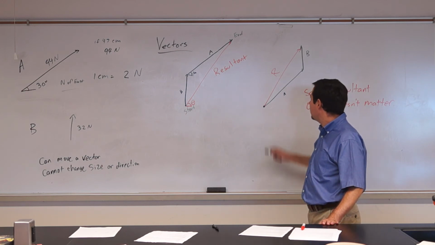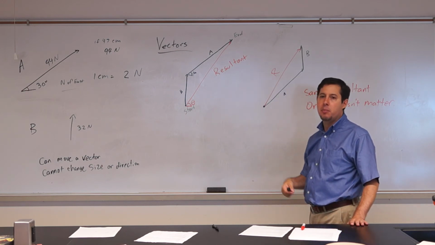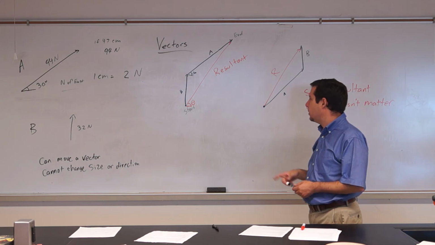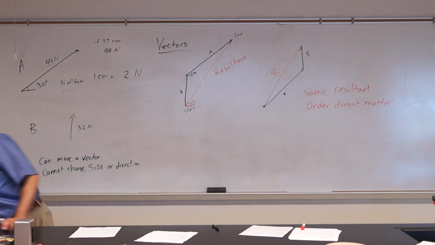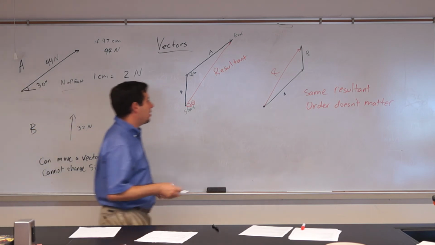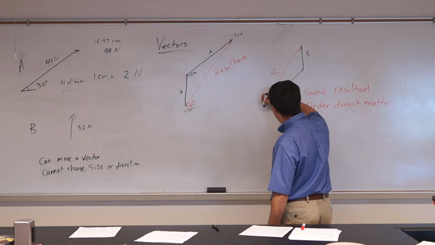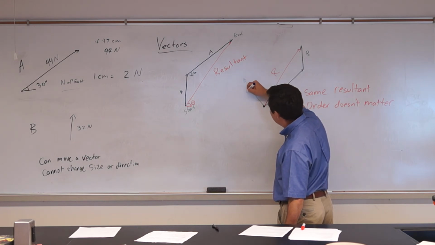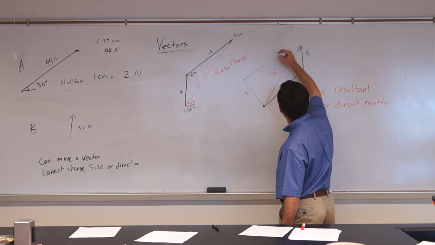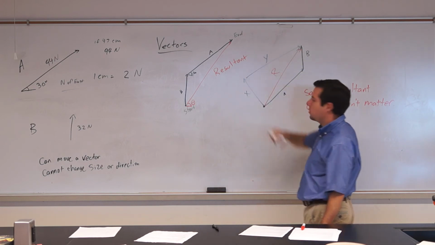Now it actually turns out the resultant can be made with a bunch of other vectors. There's other vectors that would give you the same resultant. So maybe I have a resultant. That resultant could be made up of the same vectors or different vectors. So maybe there's vectors, I don't know, X and Y. And that's what they look like.